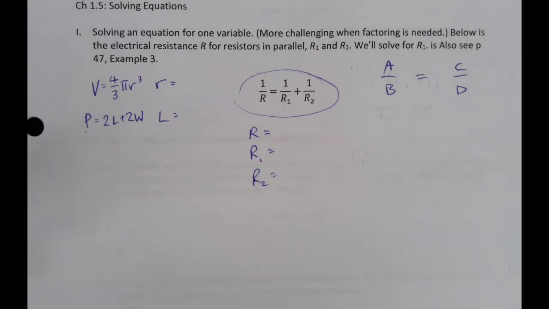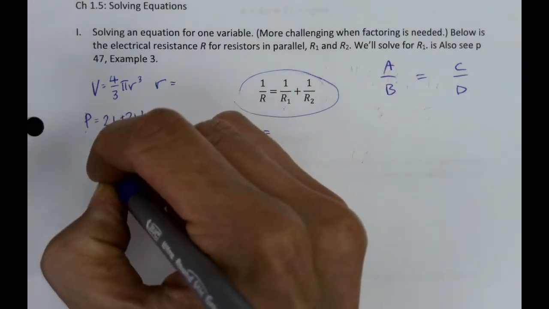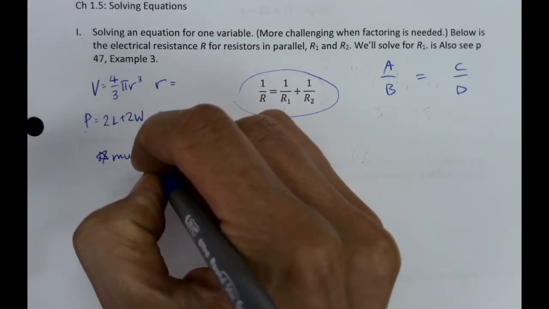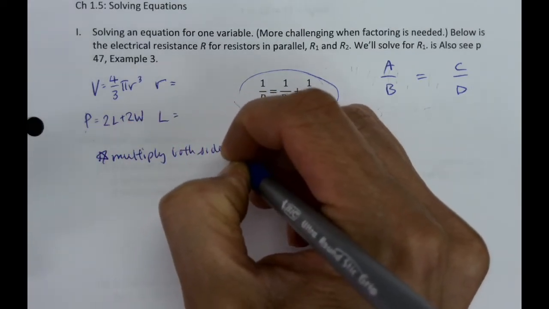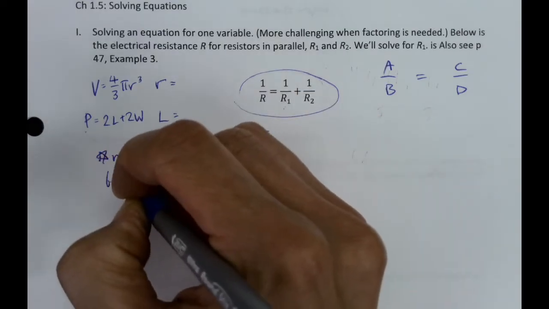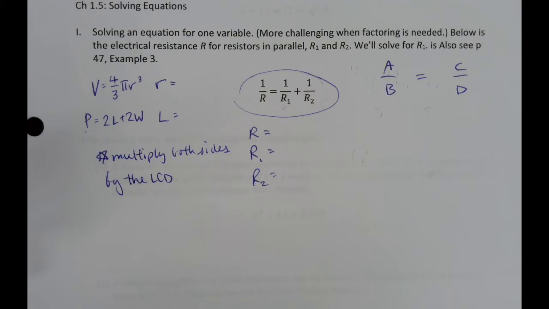But there is a shortcut, and it is to multiply both sides by the least common denominator. You kind of saw that when we were simplifying compound fractions, those fractions that contained fractions in the numerator and the denominator, back in chapter 1.4.